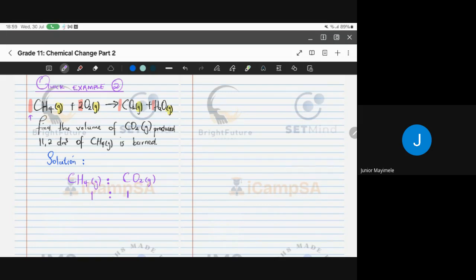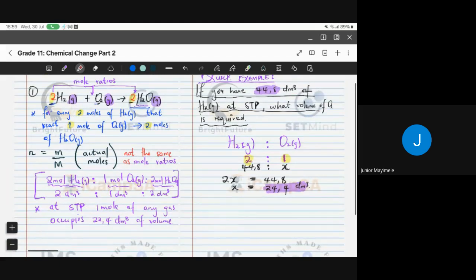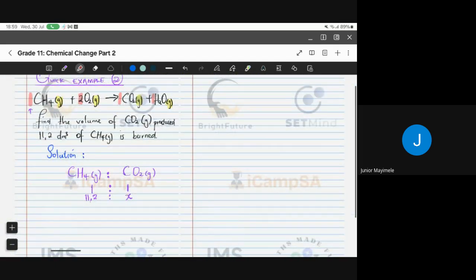Now we are given the volume, 11.2 cubic decimeters is to, and we don't know the carbon dioxide, right? But at this point, the ratio is just 1:1, which means the answer is simply 11.2, because if you cross multiply and divide like we did here, it'll just be ones everywhere. Let me actually underline these. We have this one, we have that one, right?